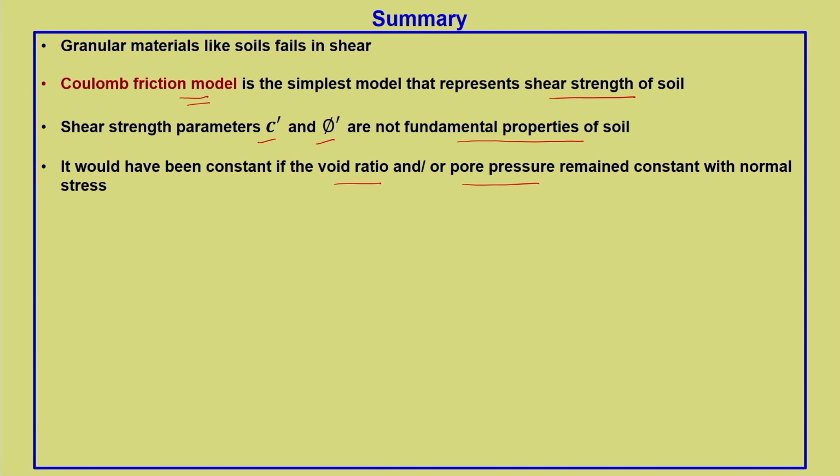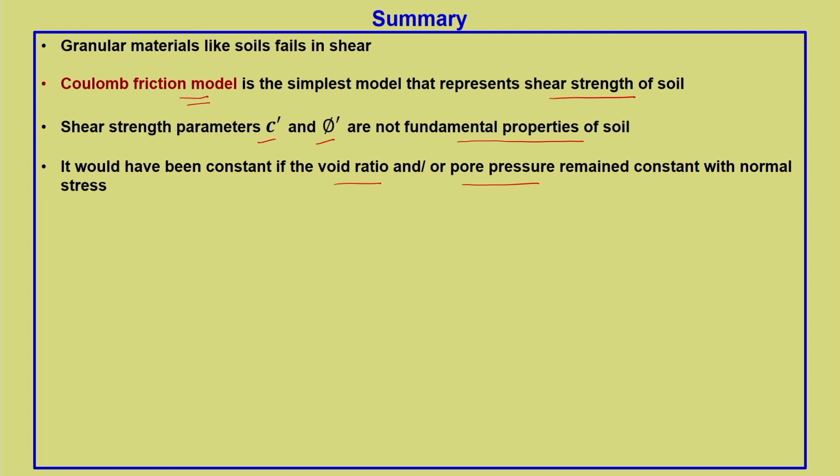Because in drained condition there will be volume change, and when there is volume change there is change in void ratio. If it is undrained condition, there is no volume change, only pore water pressure changes. That is why it is written void ratio and or pore pressure. If these would have remained constant with normal stress, then C dash and phi dash could have been a fundamental property.